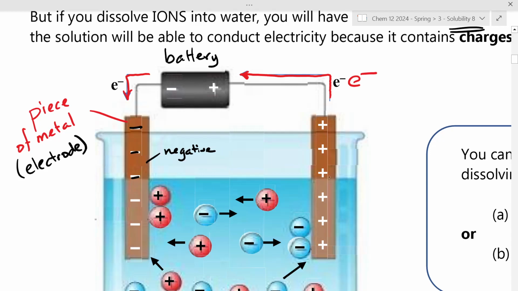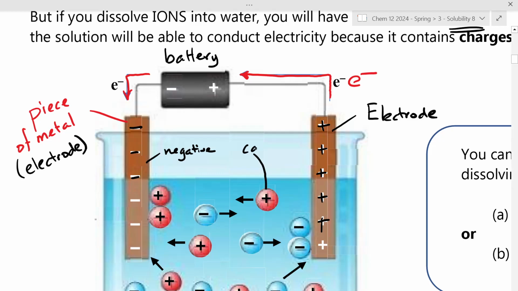And as the electrons leave the piece of metal on the right, which is our other electrode, what charge is left behind? Positive. So the electrode on the left is negative, the electrode on the right is positive.